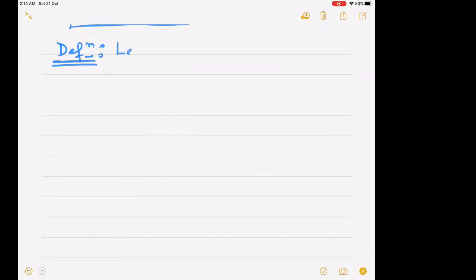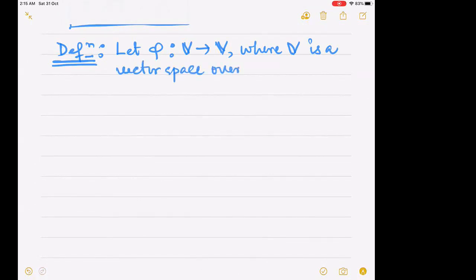So let phi be a linear operator from V to itself, where V is a vector space over a field F, and the dimension of the vector space V is n, which is finite.